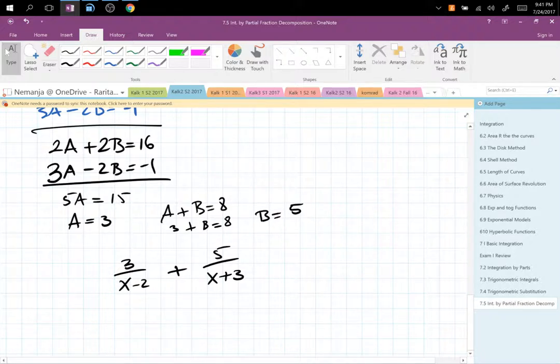Once I ran into this insane problem where I had to use completing the square to get it into the form for partial fraction decomposition. And when I did the partial fraction decomposition, one problem from there was ln, one problem was trig sub, so I had to do it again, right? And then one problem was something else.